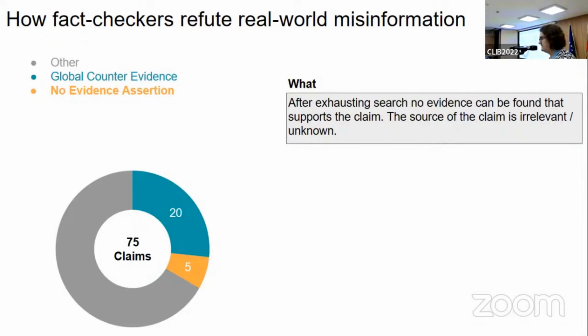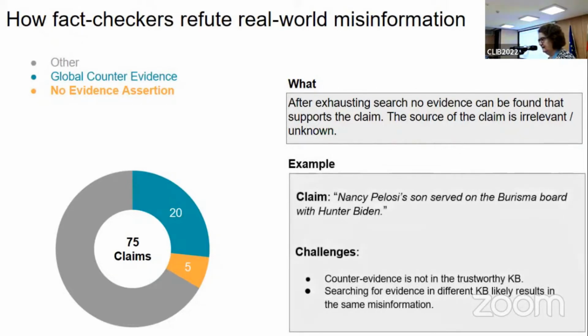The fact checkers refuted the claim by checking all credible sources to assert that no evidence points in this direction, and then they can refute the claim because they find no evidence to support it. An example is: Nancy Pelosi's son served on the Burisma board with Hunter Biden, and there is no counter evidence in any trustworthy knowledge base.